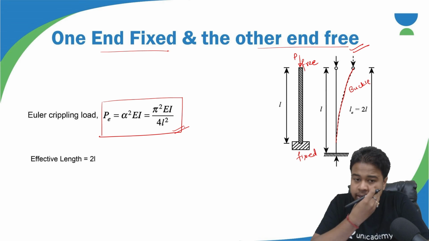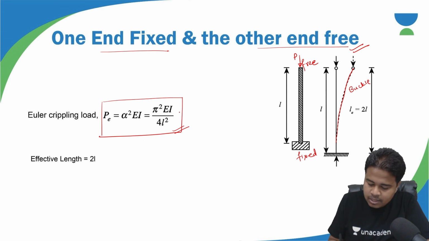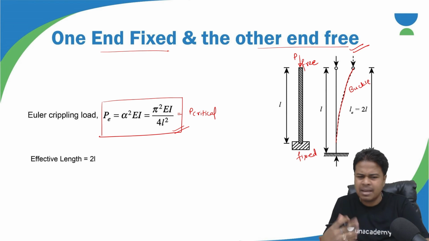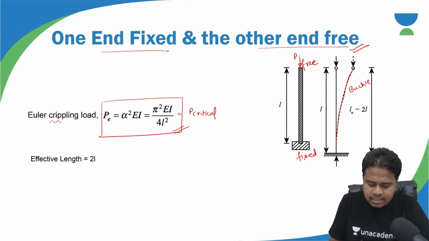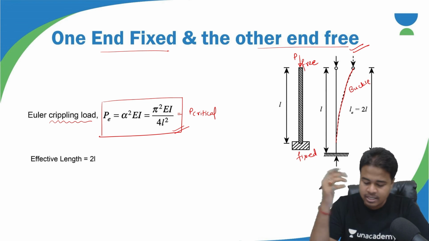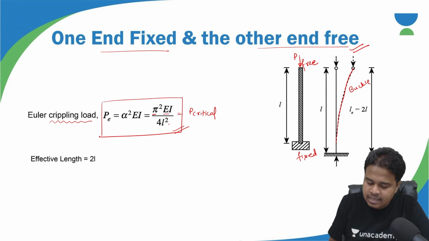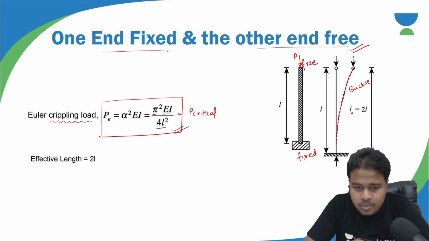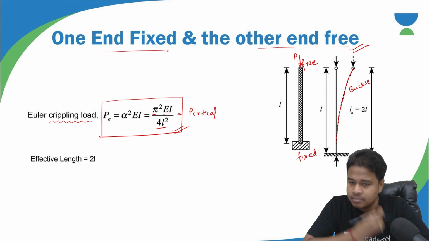P Euler means P critical. Sometimes in many of the books, they also call it Euler crippling load. So it is nothing but pi square EI divided by 4L square, where L is the length of the beam.